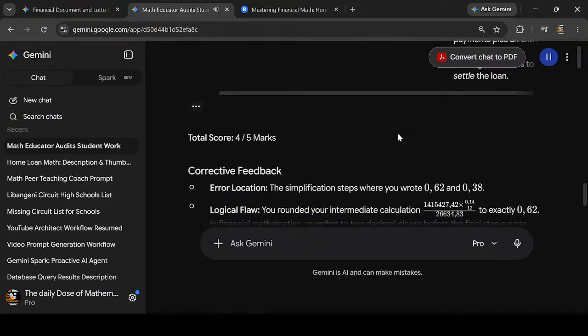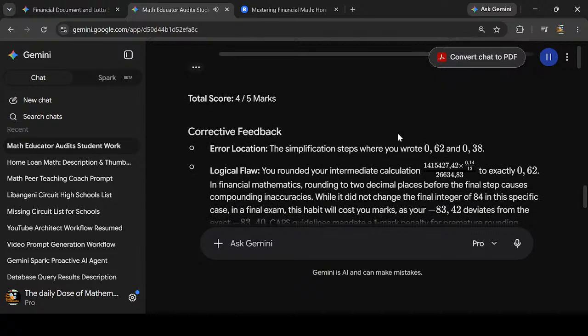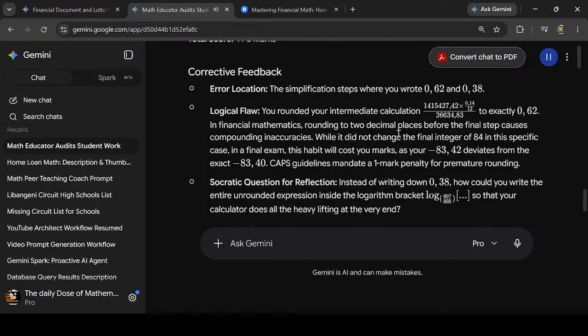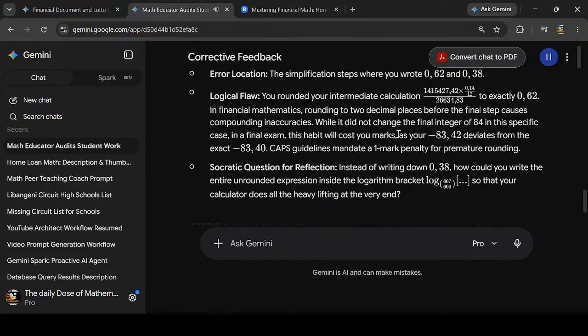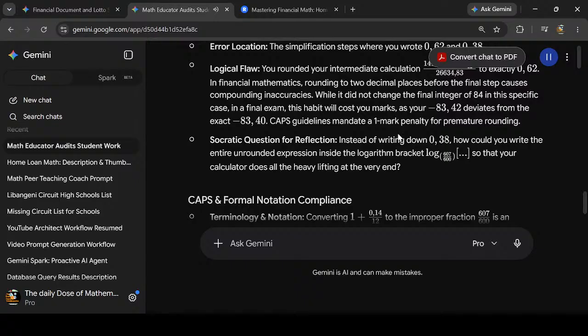Total score: 4/5 marks. Corrective feedback. Error location: the simplification steps where you wrote 0.62 and 0.38. Logical flaw: you rounded your intermediate calculation, 1,415,427.42 times exactly 0.62. In financial mathematics, rounding to 2 decimal places before the final step causes compounding inaccuracies.